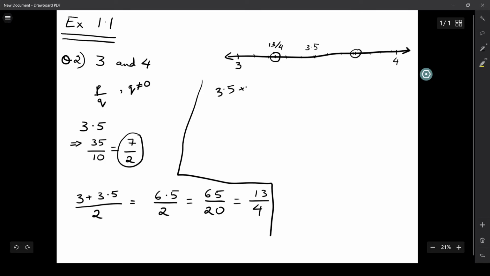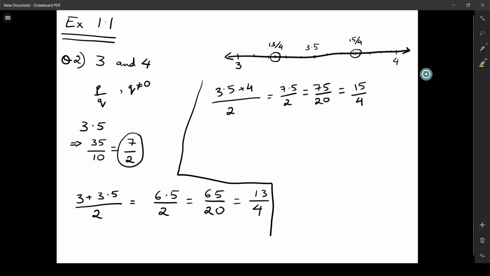So to take out the midpoint between 3.5 and 4, I'm going to add these two numbers and divide by 2. So this becomes 7.5 by 2 or 75 by 20 or 15 by 4. Fifteen by 4 also gives us another rational number between the numbers 3 and 4.